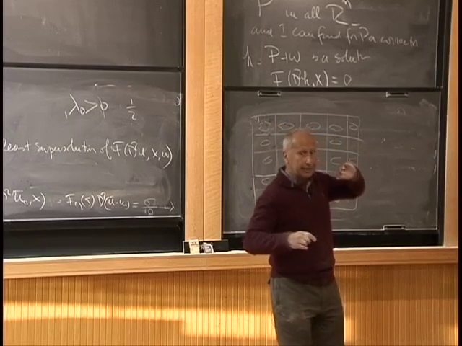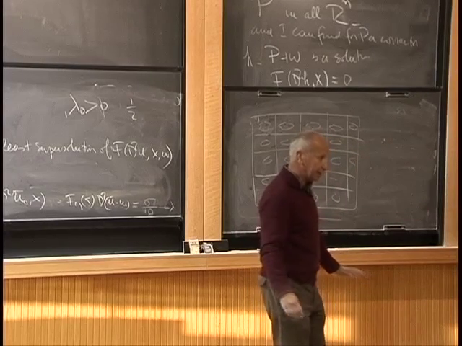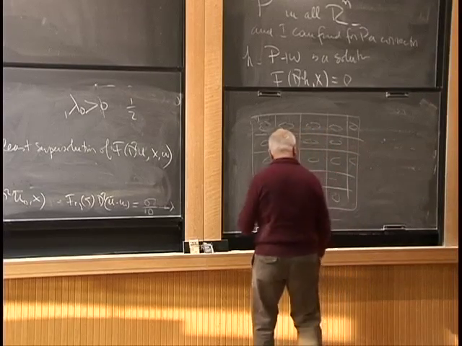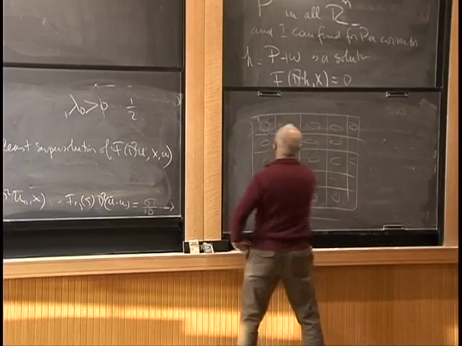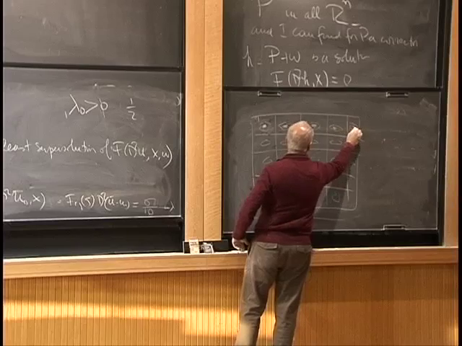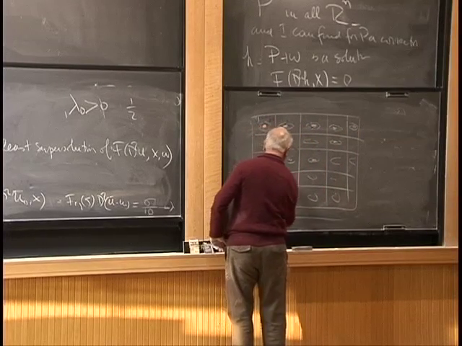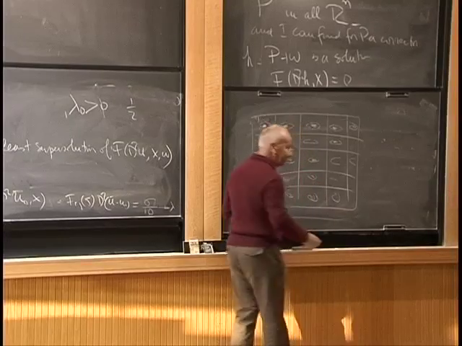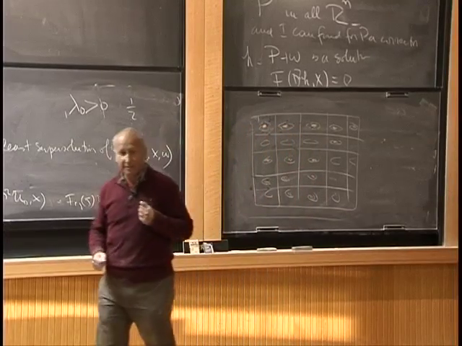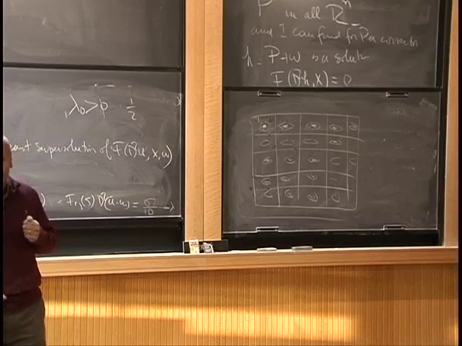On the other hand, I have the contact set of the large cube. The contact set of the large cube is contained in all of these little pieces. But it's also converging to 1/2 of the measure of the large cube.